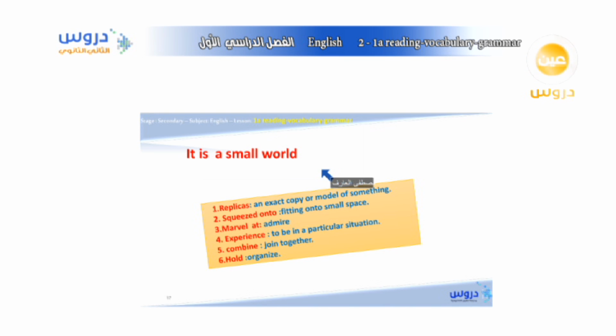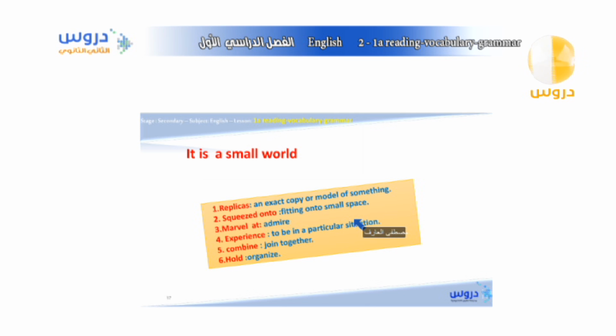So we got some words in the text that we need to know the meanings of. Replicas, which is a noun, it's an exact copy or model of something. So it's like you copy paste something, it's called a replica. Squeezed onto means fitting onto a small space.